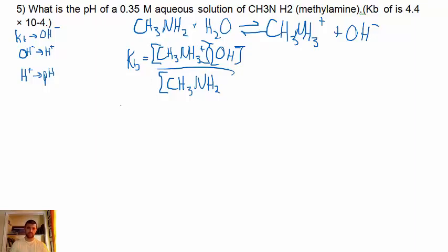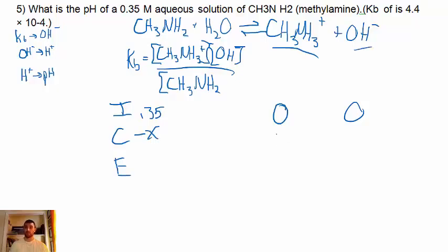I know I've been cheating a little bit and jumping through this ICE box part, but let me write it out. We started with 0.35 molar CH3NH2, and we started with 0 of the other stuff and 0 of OH minus. So the change is we use up X amount and we make X amount of the other things.